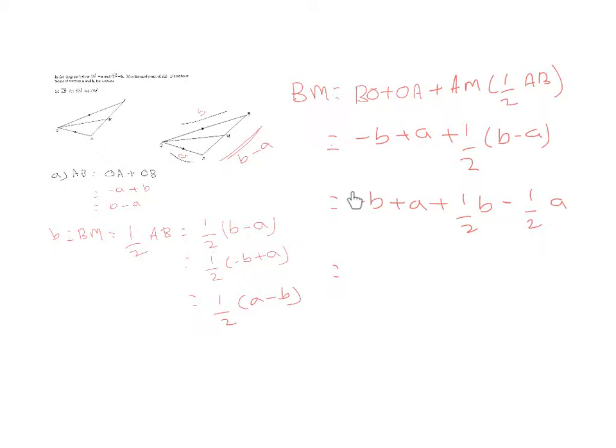From minus B, this is 1B, take away half B, then this becomes minus half B. Same way, if you take from 1A, if you take away half A, that becomes plus half A.